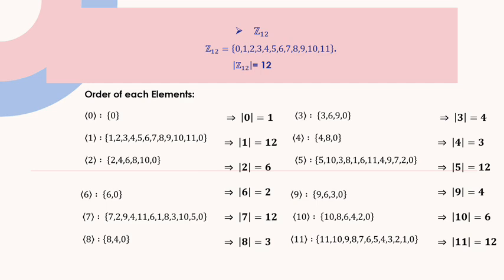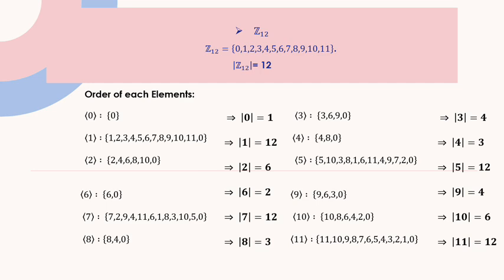For number 3, the elements under number 3 are 3, 6, 9, and 0. Therefore, the order of number 3 is equal to 4. For number 4, the elements under number 4 are 4, 8, and 0.